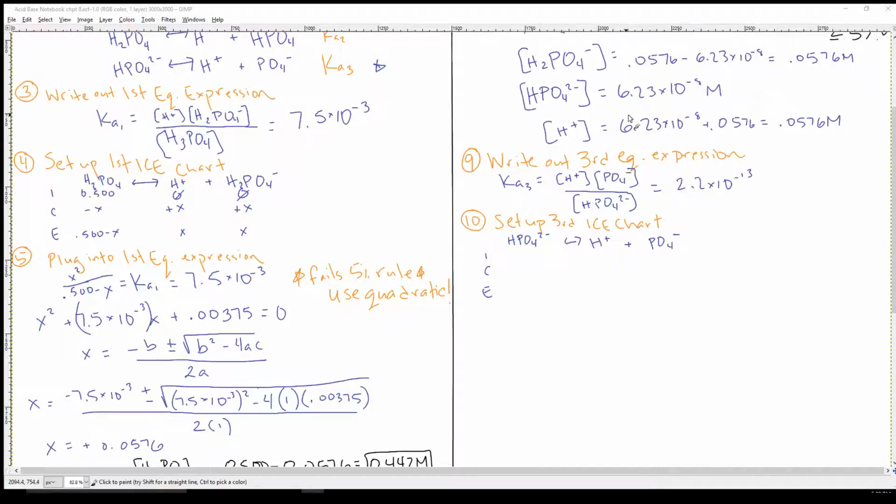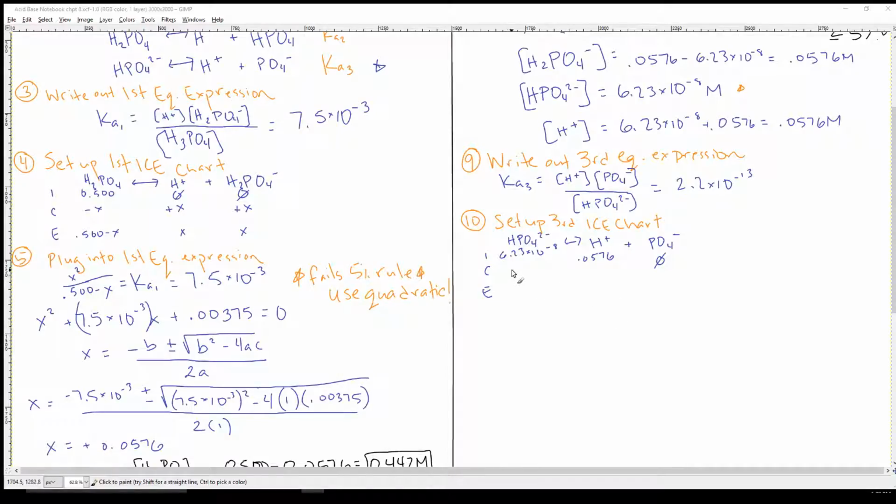My HPO4 2 minus is in the previous problem. I'm putting a star next to it. Should be 6.23 times 10 to the negative 8. My hydrogen concentration is from above as well. It hasn't changed very much. Interesting. And my phosphate concentration, I haven't had any pure phosphate yet, so that's just 0.